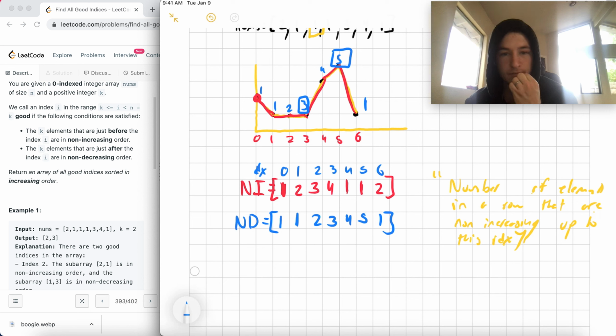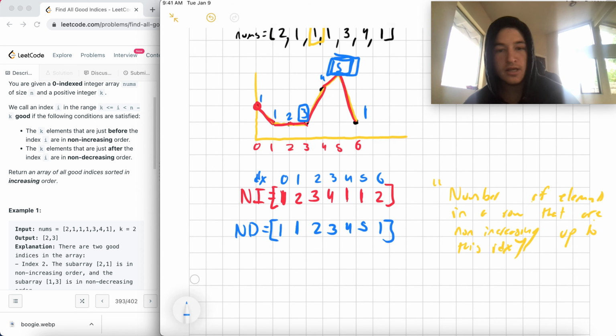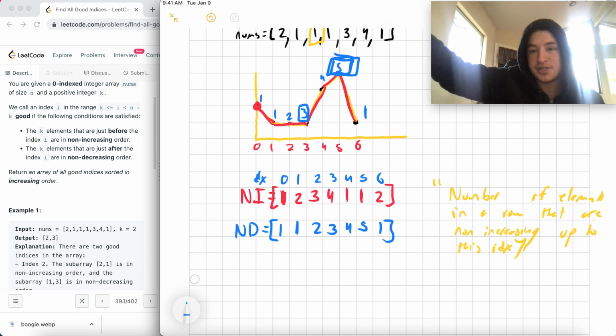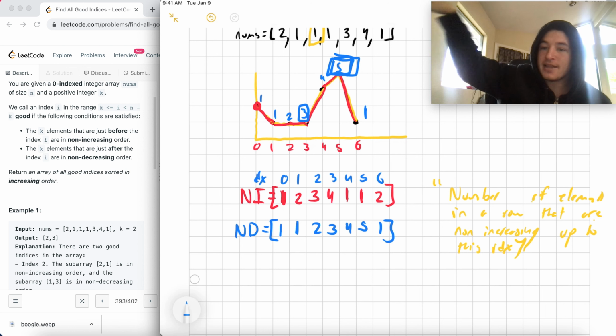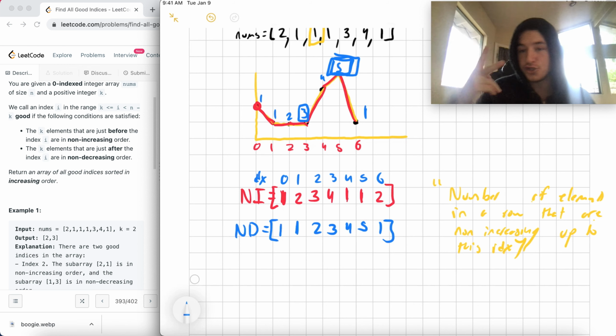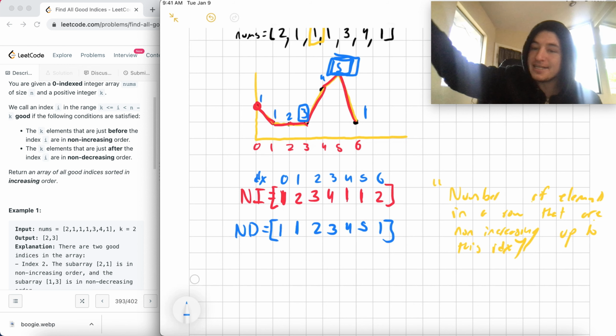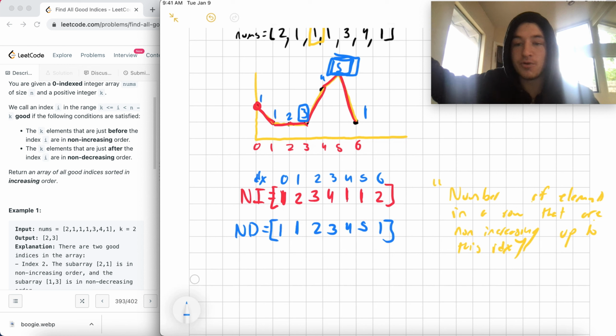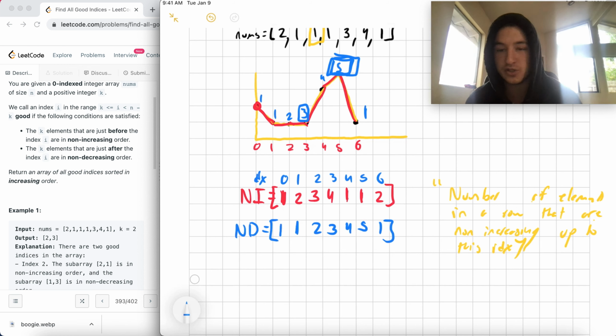Because if I'm looking at index 3, k equals 2, so the point 2 to my right will tell me the number of points in a row that are non-decreasing. If the points that are k to my right have non-decreasing elements in a row that are greater than or equal to k, that means those k elements to my right at least are non-decreasing, so it meets the condition.